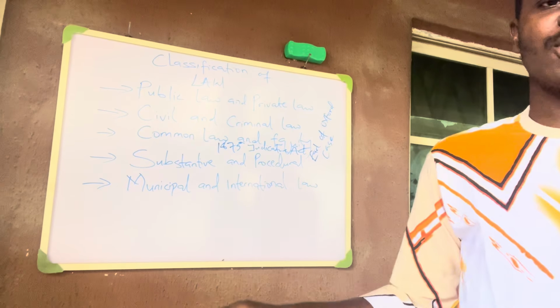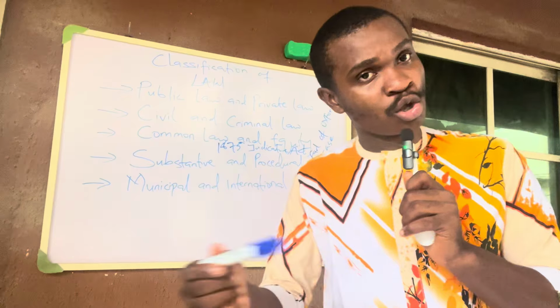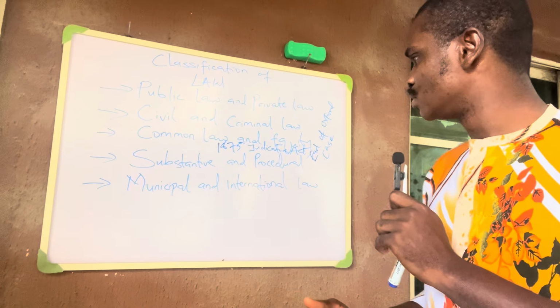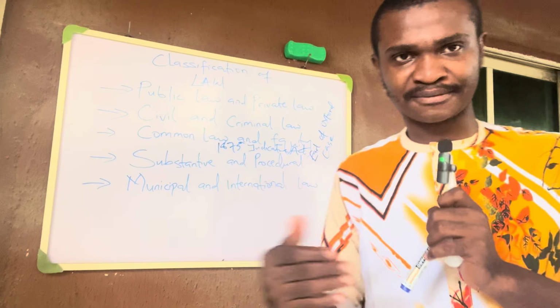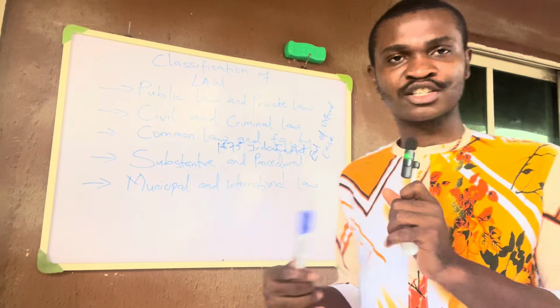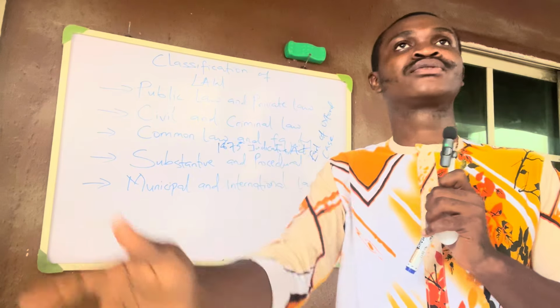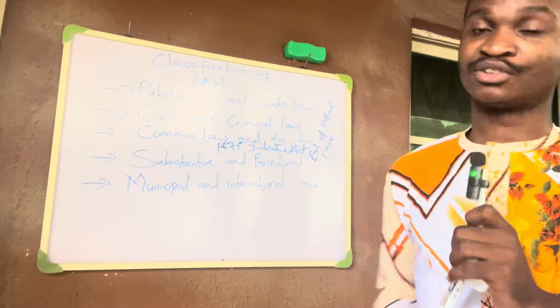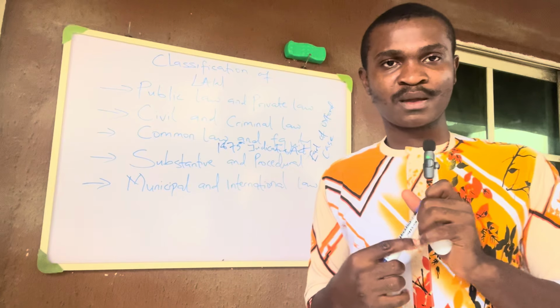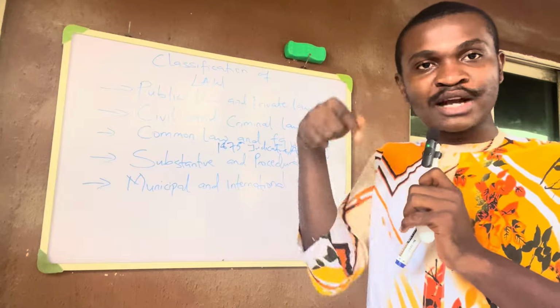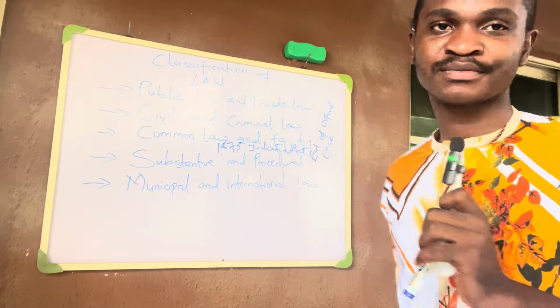But if substantive law just existed alone without the way to enforce it, it would be like a toothless bulldog. So let us say the law says don't wear clothes on Fridays. That is the law, substantive law. Now, if you wear clothes on Friday, what will happen?